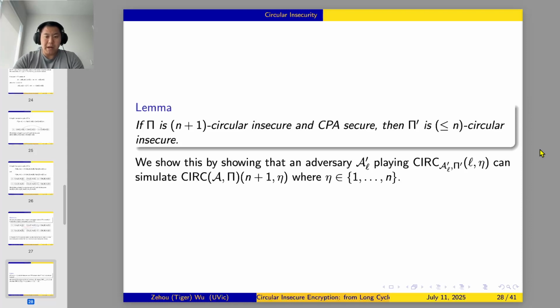We show this by having an adversary A prime L playing the length L circular encryption experiment against pi prime, such that this adversary can perfectly simulate the experiment of the length N+1 circular game played between A and pi.